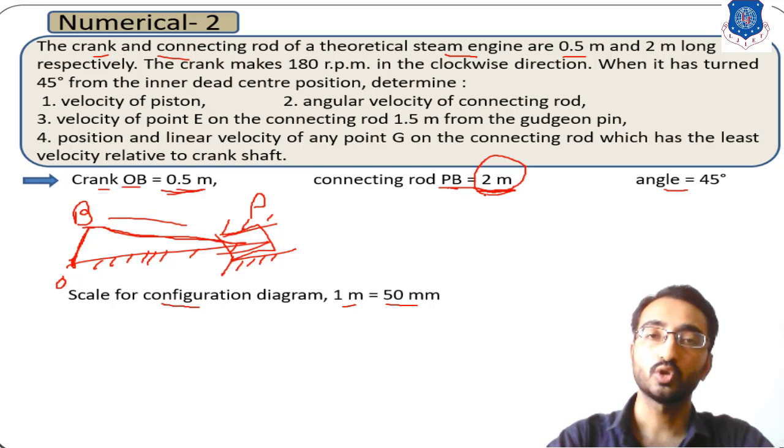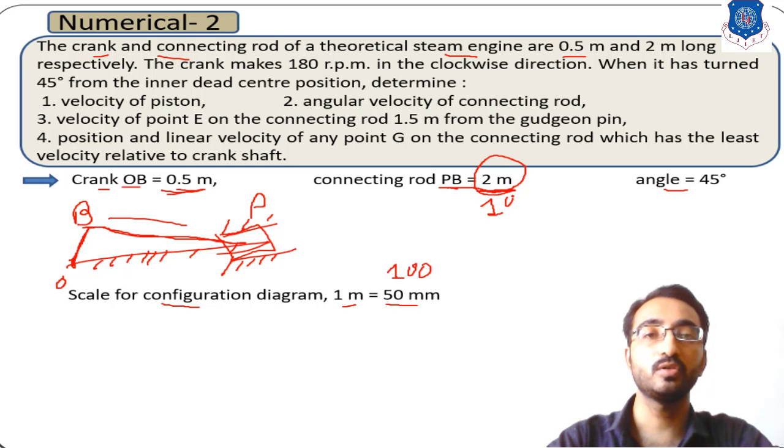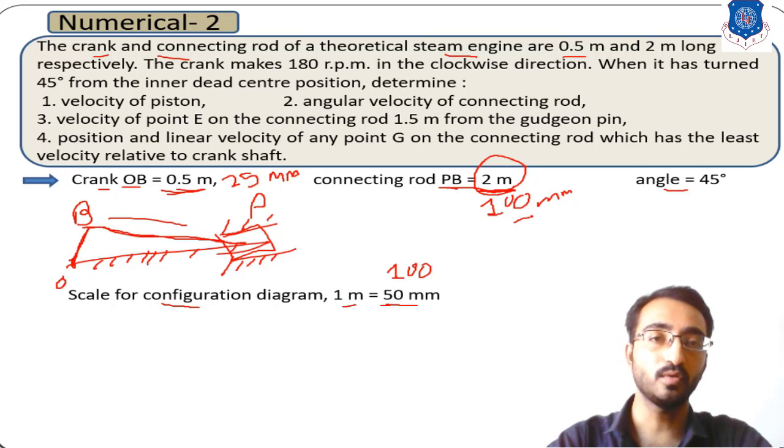What it means is, to sketch this 2 meter you have to sketch a line of 100 mm. So the dimension for the configuration diagram is 100 mm for the connecting rod, and OB of 0.5 meter is half of this, that is equal to 25 mm. So you have to sketch 25 mm of crank and 100 mm of connecting rod.